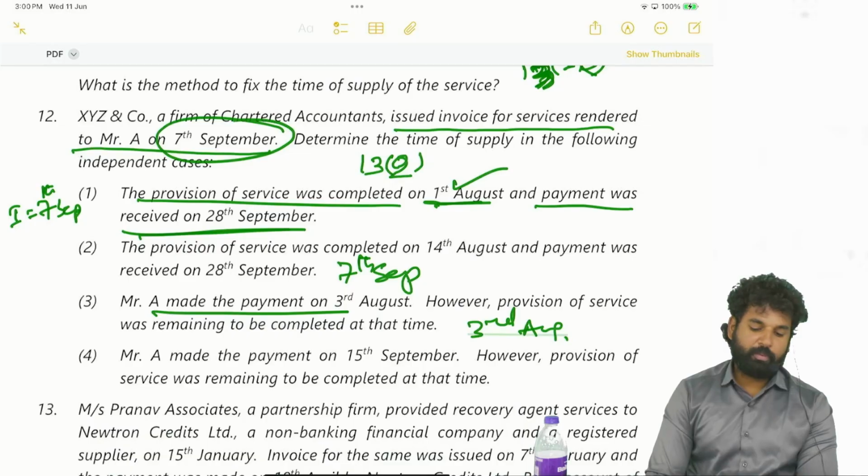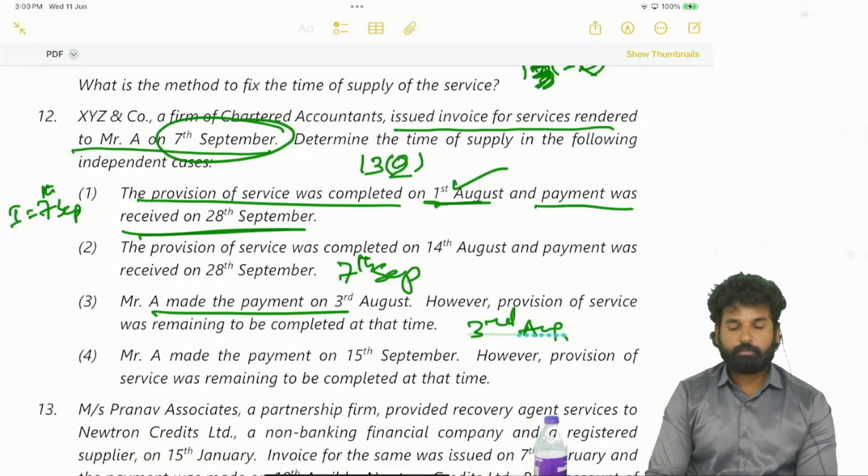Mr. A made the payment on 15th September. However, provision of service was remaining to be completed at that time. Invoice issued on?